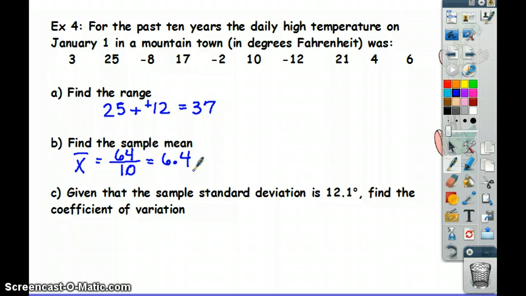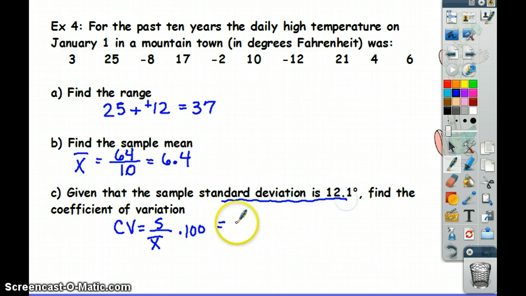And then finally, I want the coefficient of variation. So we have the formula. The coefficient of variation is the standard deviation divided by the mean times 100. Well, let's see. The standard deviation they gave me this time, 12.1, divided by the mean, which we just calculated.